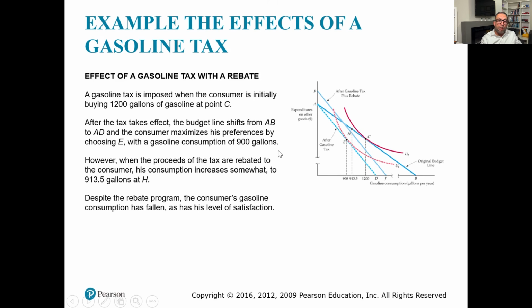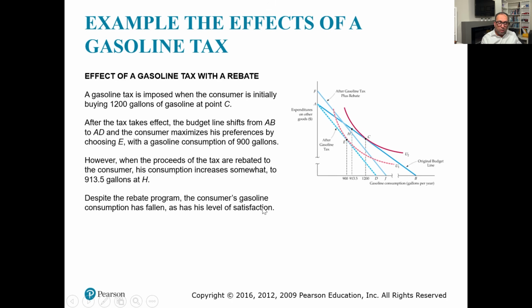But at the same time, the government is also giving a rebate to the low income groups. So the consumption increases from 900, but not by much, only 13.5 more gallons. So despite the rebate program, the consumer's gasoline consumption has fallen, as has their level of satisfaction.